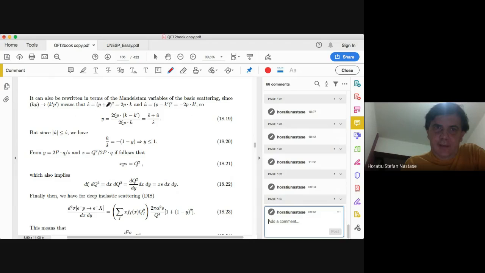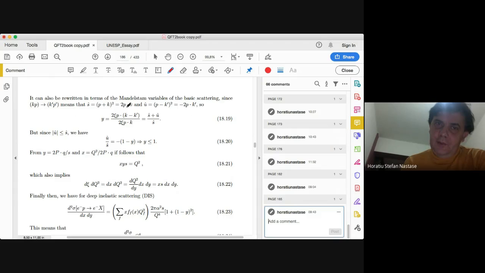So s hat is little p plus k squared, since those are the incoming momenta of the basic scattering, and p and k, both the parton and the electron, are light-like, so they square to 0.